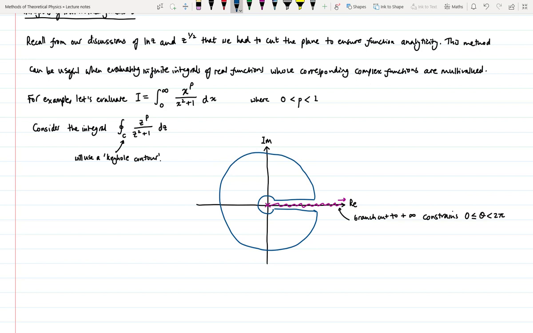I'm going to label the various parts. This straight bit, arbitrarily close to the real axis, is A. This circular part is B. This bit returning along the real axis is C. And this bit, this detour around the branch point, is D.